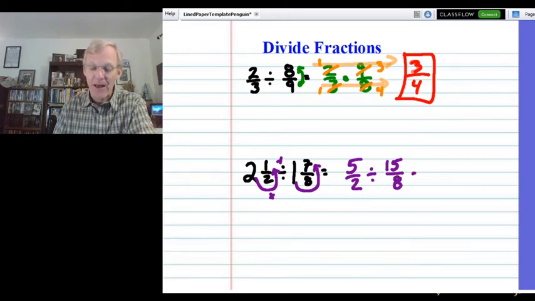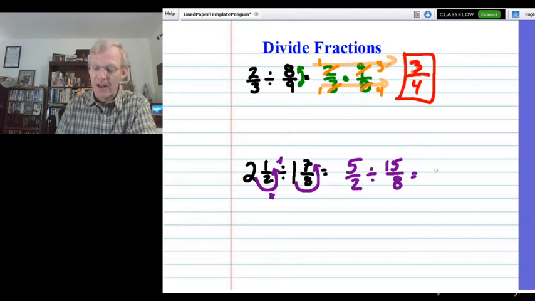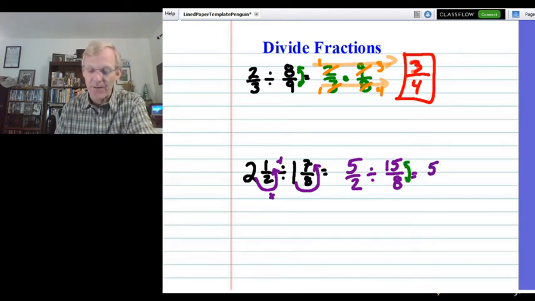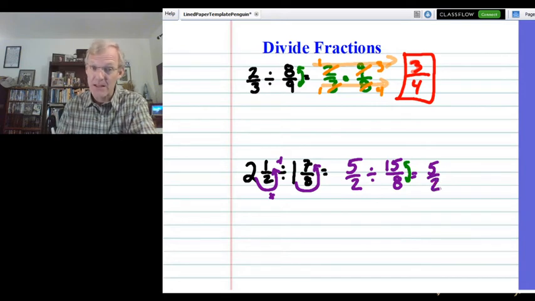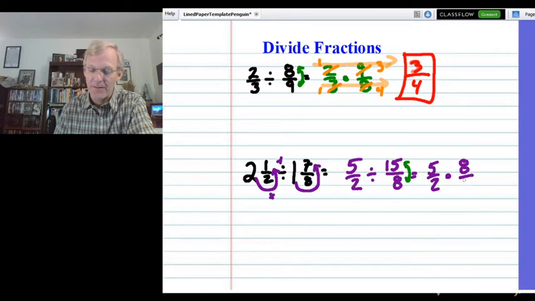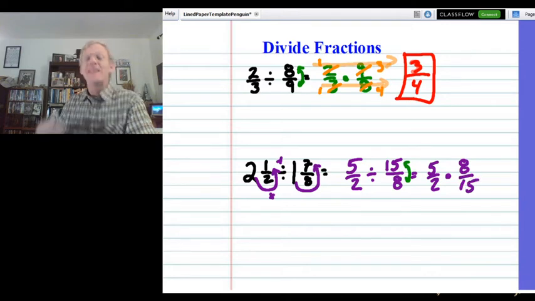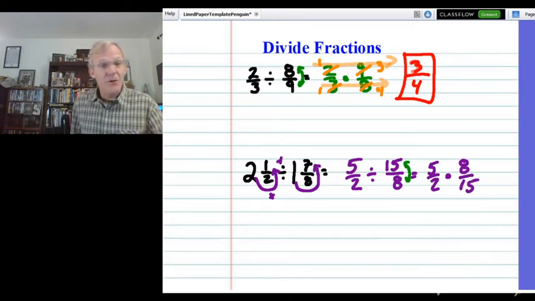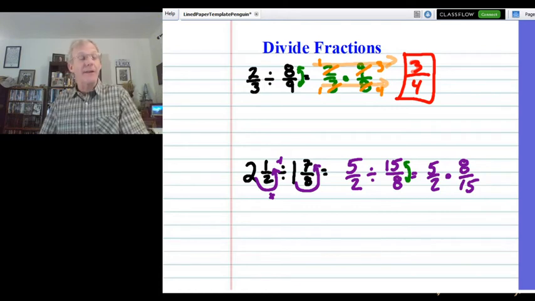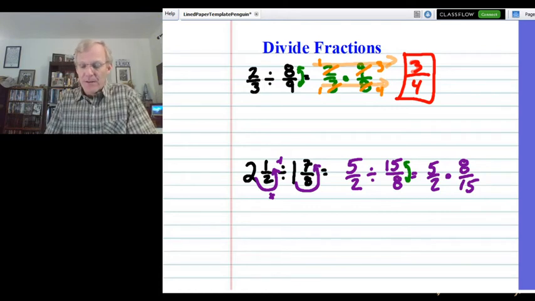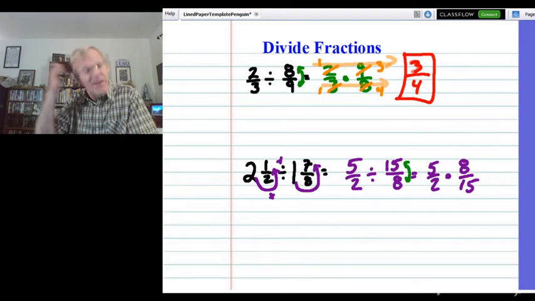So now that we have that, now we can reciprocate the second term. So what we do is we take 5 halves, the first one stays the same, times, and now it becomes 8/15. Now, if we can cross-reduce, because it's multiplication, we can go ahead and do some cross-reducing. So let's see, 5 and 15, yeah, 5.